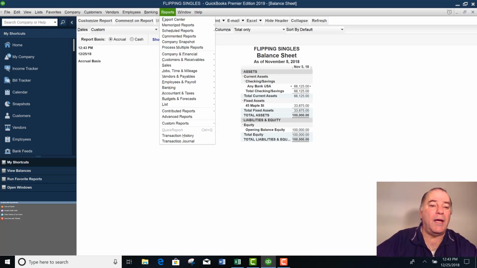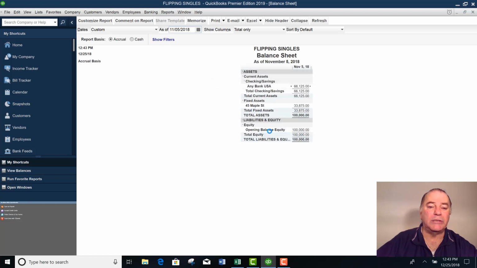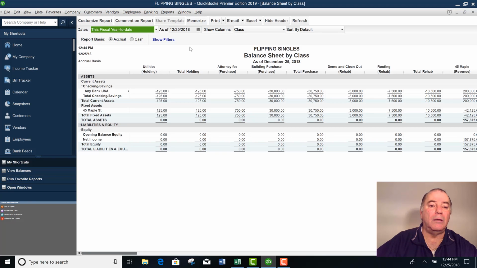What I want to show you now is the balance sheet by class, and you're going to see here 45 Maple Street, instead of up here like we saw when I was doing the rental property.